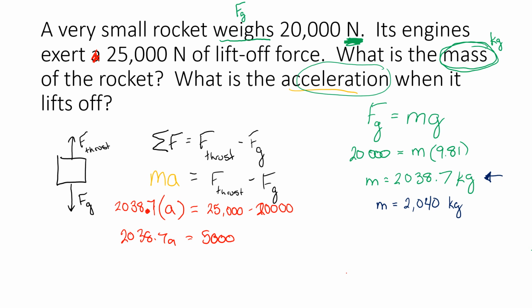So 5,000 divided by 2,038.7. And I get an acceleration of 2.45 meters per second squared.